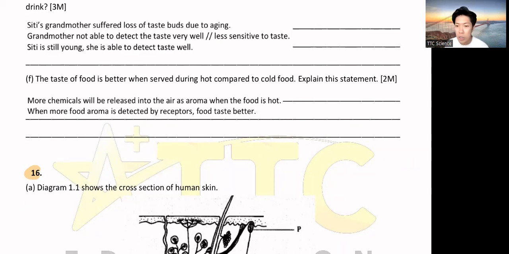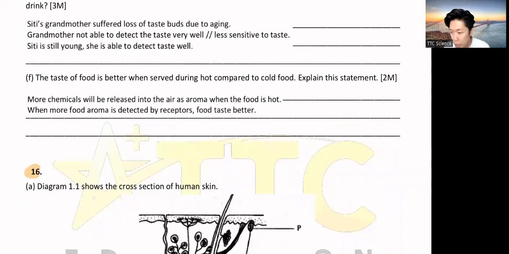Okay, good. Wait, let me look at the time now. So 5. Okay, right. Like we still can do a few for chapter 1. So we can do 16 now. I think we go for the skin, shall we? Skin.